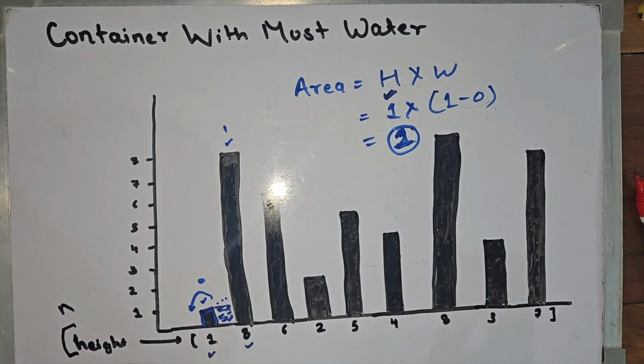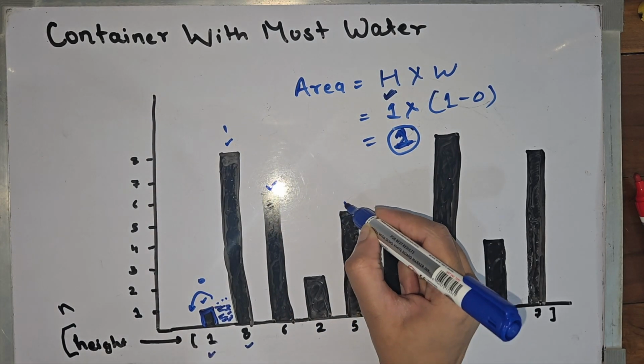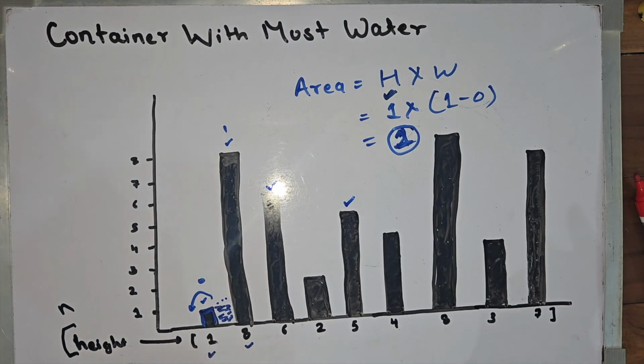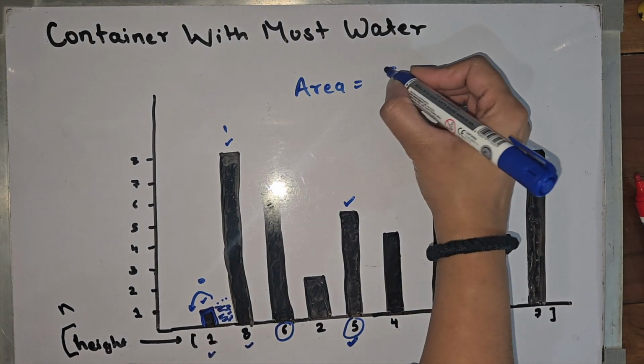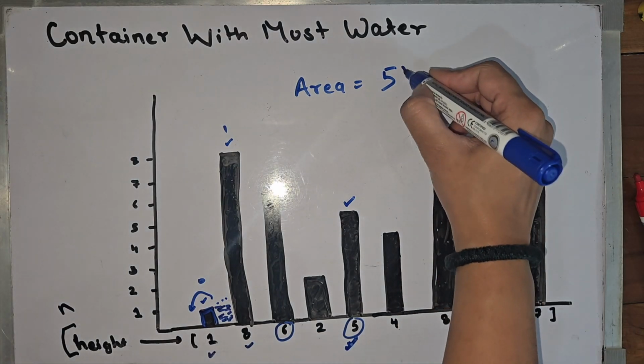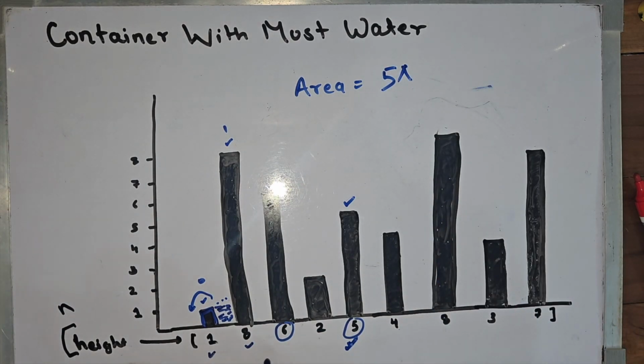Suppose we are choosing these two lines. In that case, what will be the amount of water? The heights are 6 and 5. Which is minimum? 5 is the minimum of these two. So the area will be 5, the minimum height, multiplied by width. What is the width? This is 0, 1, 2, 3, 4.